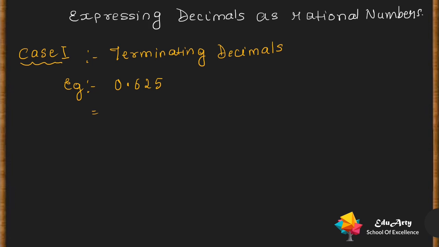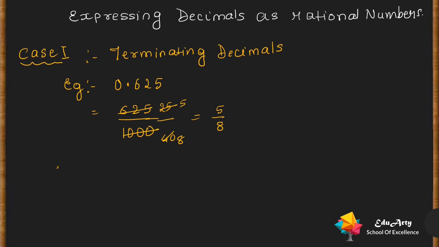You will say this is equal to 625 divided by 1000, and if you further divide, 25 40s are 1000, 25 5s are 125, and 5 8s are 40, this is equal to 5 by 8.